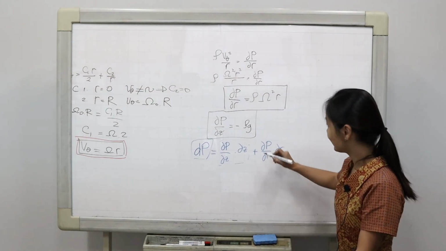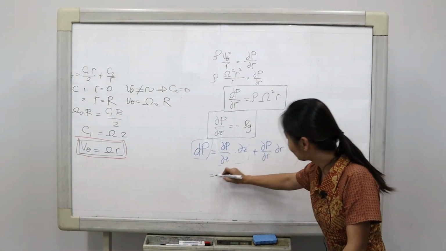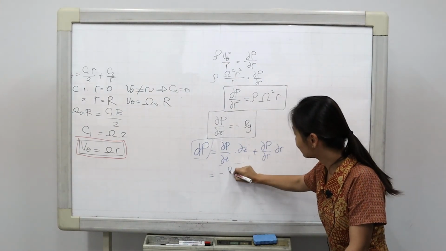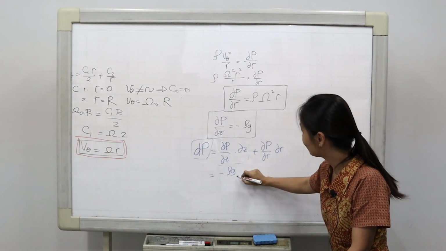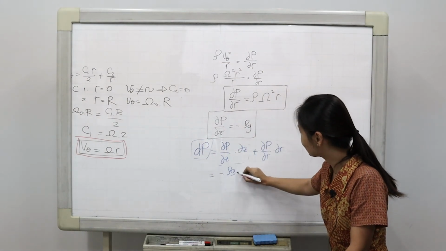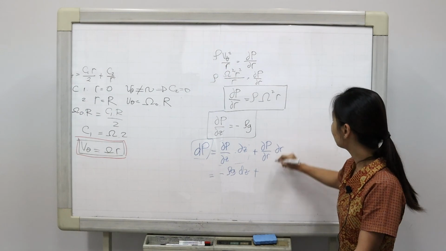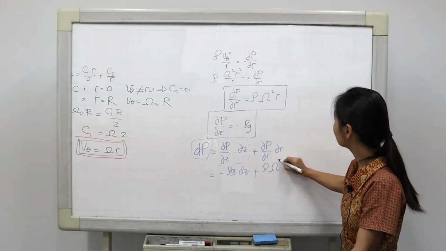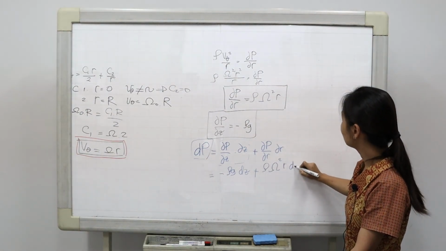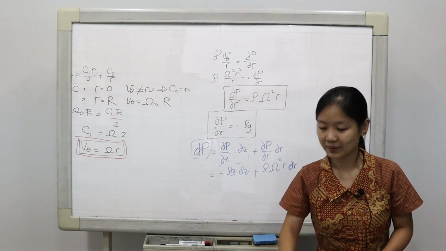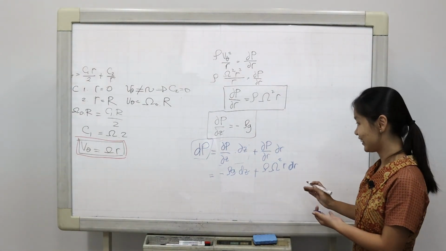Now we can substitute. So dP will equal minus ρg dz, since ∂P/∂z is minus ρg, plus ∂P/∂r, which is ρω²r, dr. And we have to integrate these things.